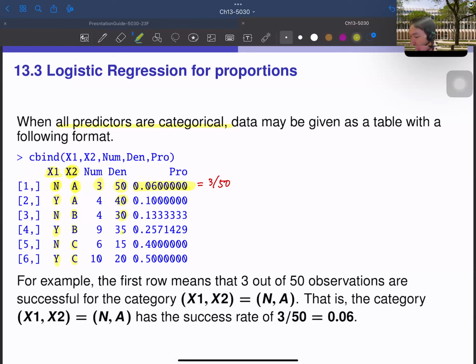In total, we only have 6 possible pairs, so all observations are one of these 6 cases. Suppose the number of observations for each case is 40, 30, 35, 15, 20, then we can count the number of successes and make proportions. Then this table has enough information to do logistic regression of success probability on x1 and x2.